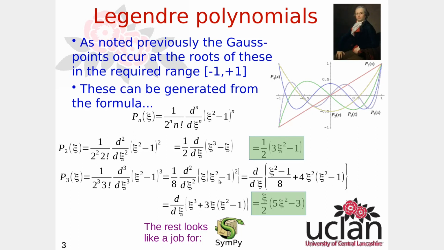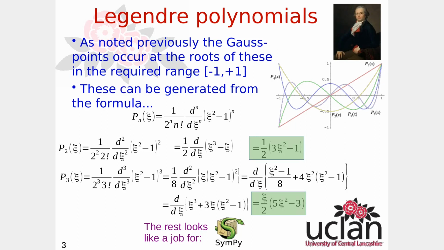In this particular case, I multiplied out, collected terms, and then eventually ended up at this point. You can see here that one of the roots is at 0, which is what we found for the third, and then we have another couple of roots at plus and minus the square root of 3 over 5. That would be if we used a 4th order, and then we could go up to 5th order, etc.